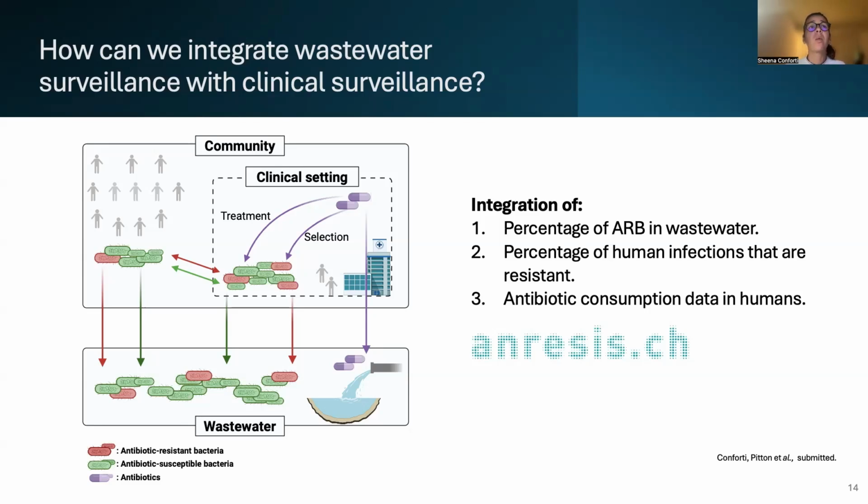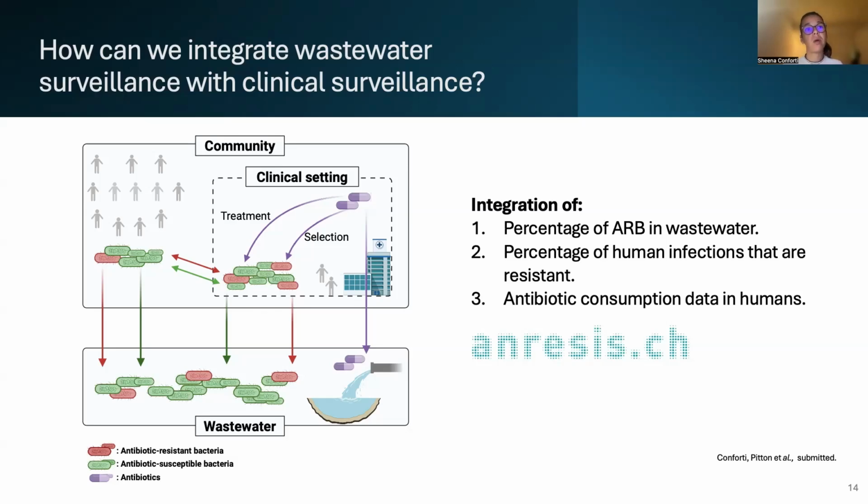And so we have the community and we have wastewater. And wastewater actually should mirror what is circulating in the community. As part of the community, we have people that carry susceptible bacteria in green and resistant bacteria in red. And within the community, we have the clinical compartment. But in there, we also have susceptible and resistant bacteria.